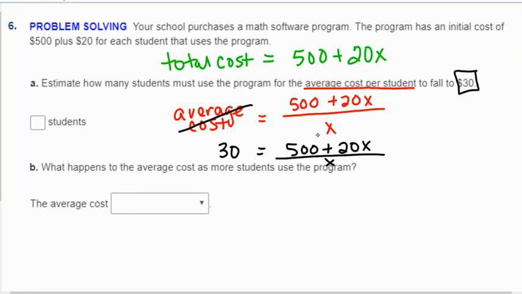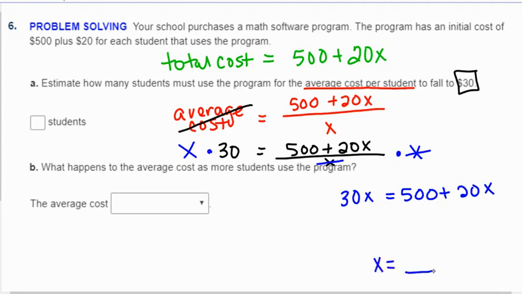Okay, in order to solve this equation, you would simply multiply both sides of your equation by x, which is going to cancel the denominator. Okay, and then you'll see that you have 30x equals 500 plus 20x, and that equation you can solve on your own. Okay, the answer to that equation, the value that you get for x, equals how many students, is what the first part of your problem is asking for.